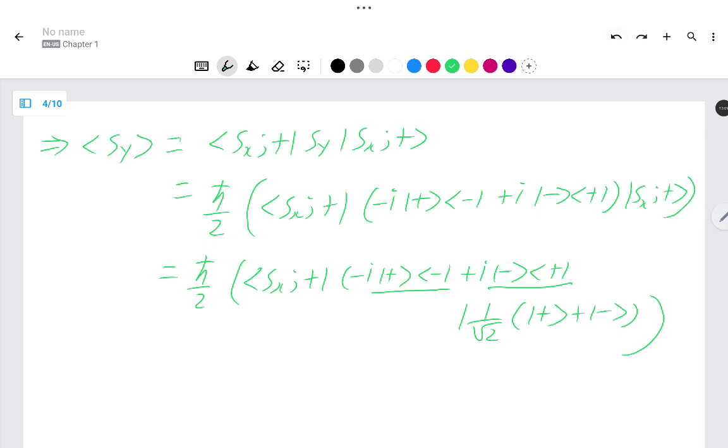So this will change to negative, and this will change to positive with a phase included.